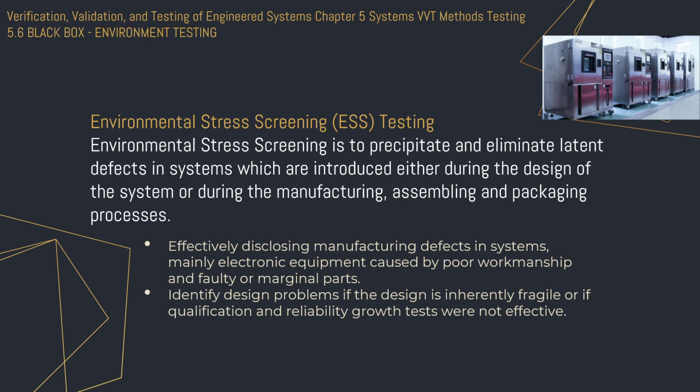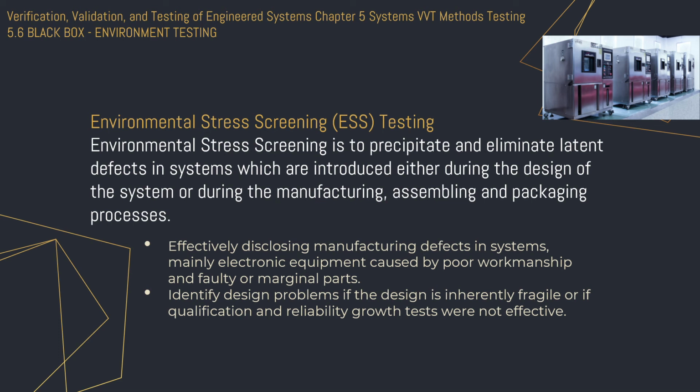Under environment testing, we have environmental stress screening testing. This test is done during the manufacturing, assembling, or packaging process. We can see and eliminate any defects in the system which are introduced during this time.